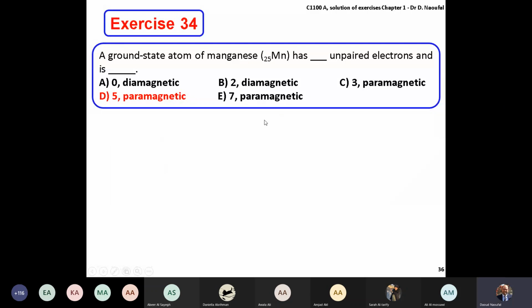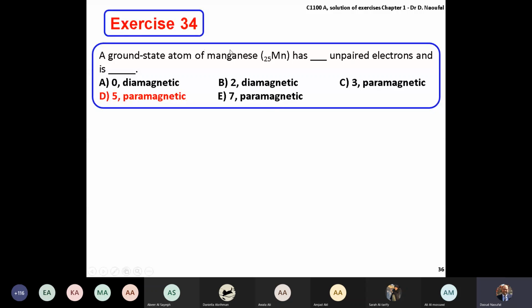In this type of exercise, we write directly the electronic configuration at the ground state. Then we count the number of single electrons. To remember, a single electron is an electron that is single in the box, a box of one arrow.